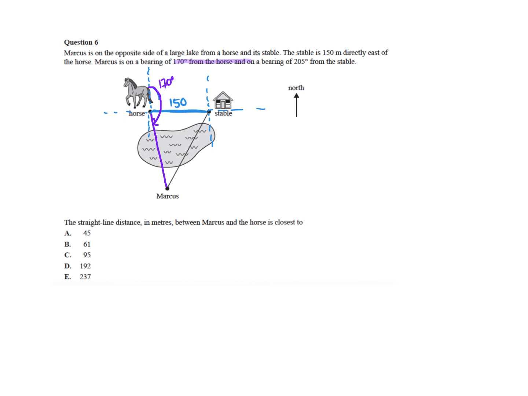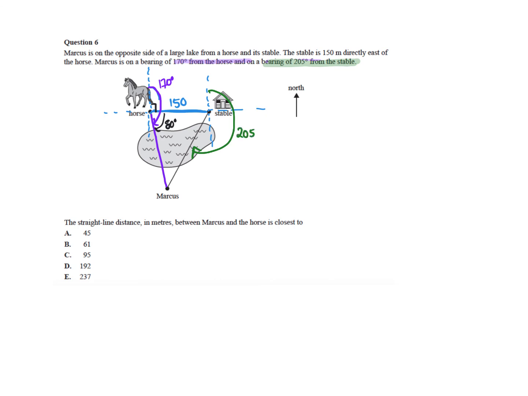So we can see a few things. We know that's 90, so in here must be 80 degrees. The next bit of information says Marcus is on a bearing of 205 from the stable. So you go to the stable's north, and it'd be all the way around there. That's 205.